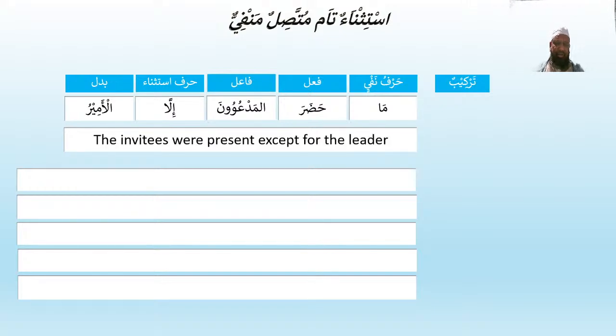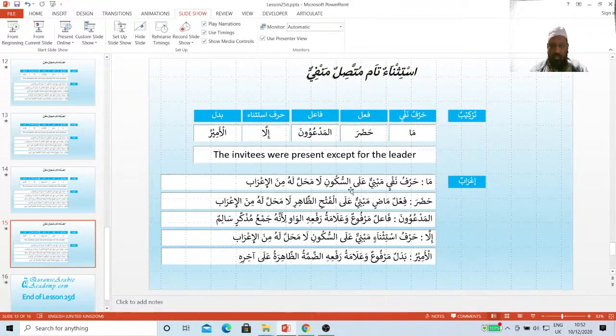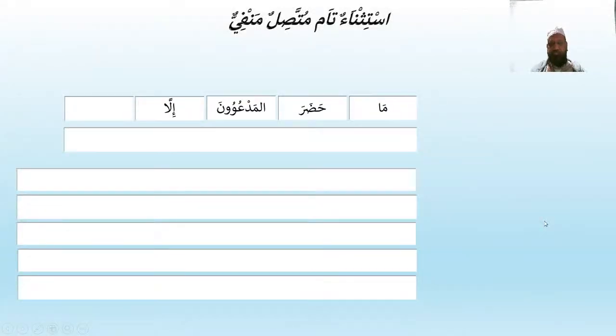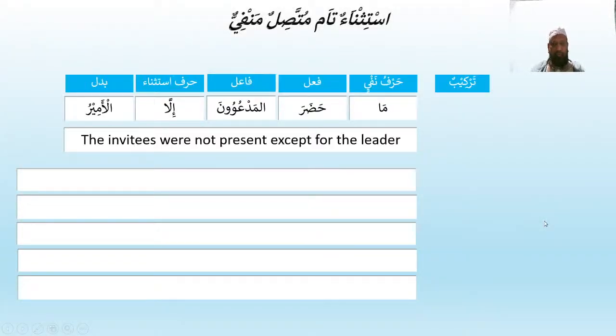The invitees were again not present except for the leader.